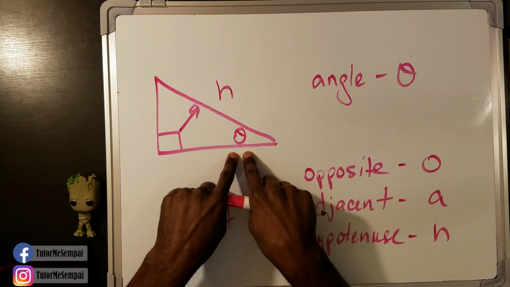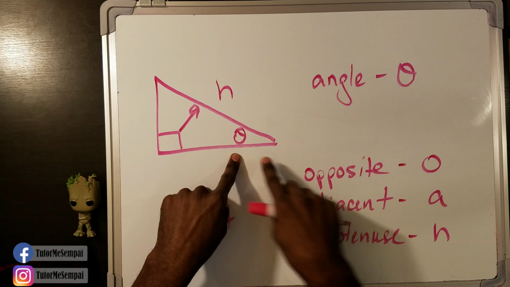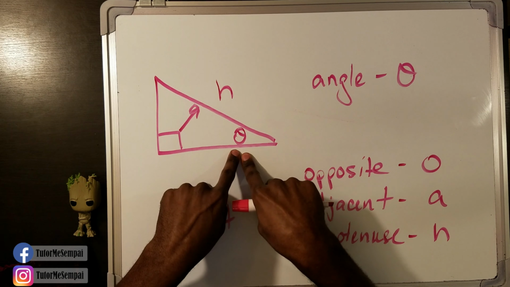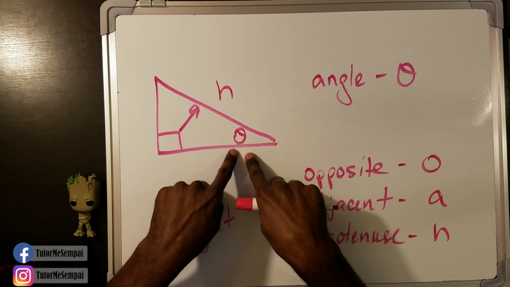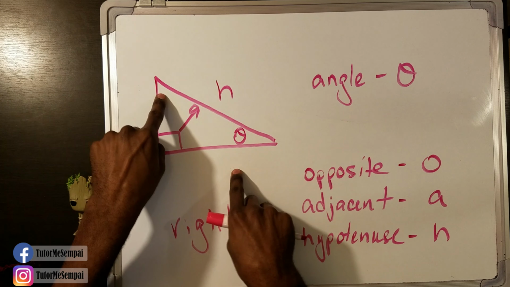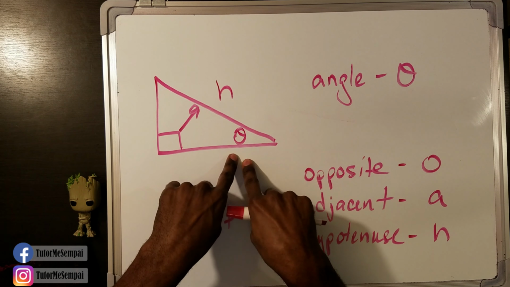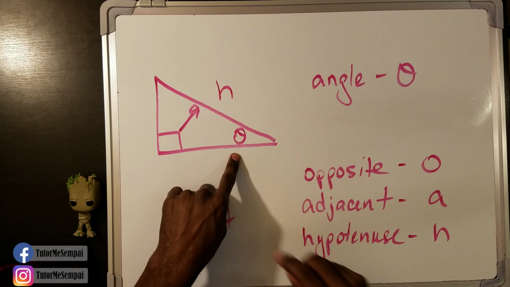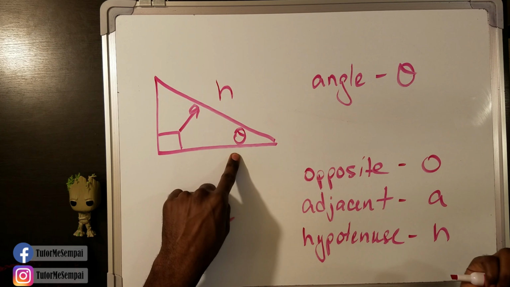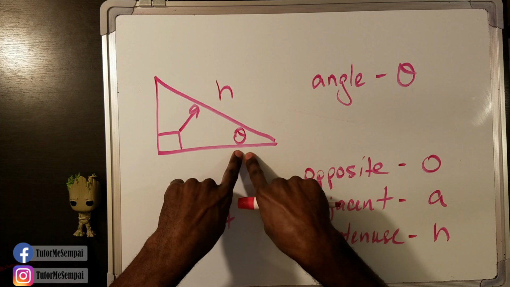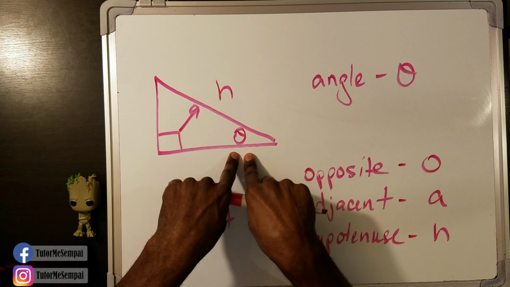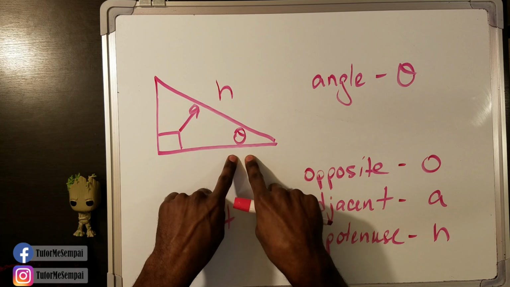Since we're focusing on this angle, we're going to talk about what's opposite this angle and what's adjacent to this angle. If the angle switches, opposite and adjacent will switch, and I'll show you that later. But for right now, our theta is here, so we're going to figure out what our opposite side and our adjacent side are with respect to this focused angle, this theta that we're looking at.